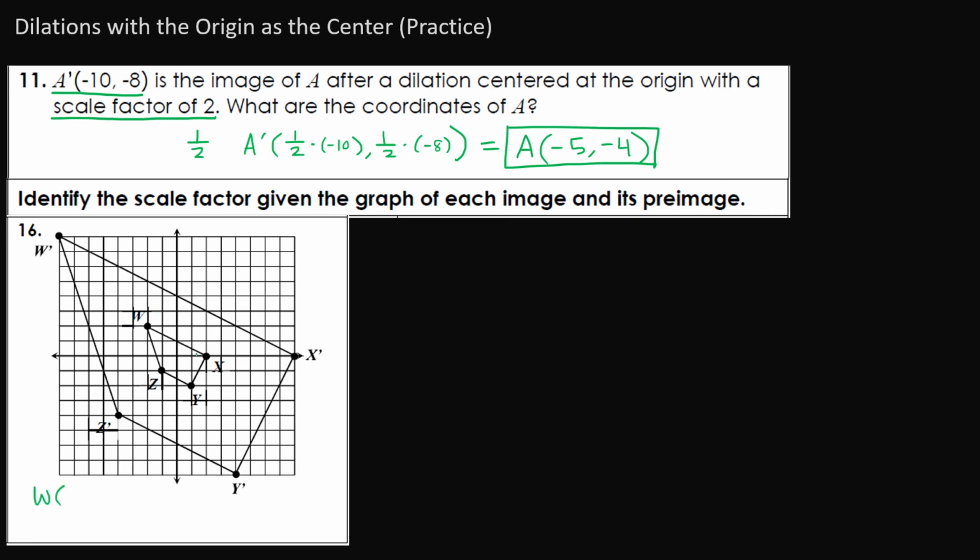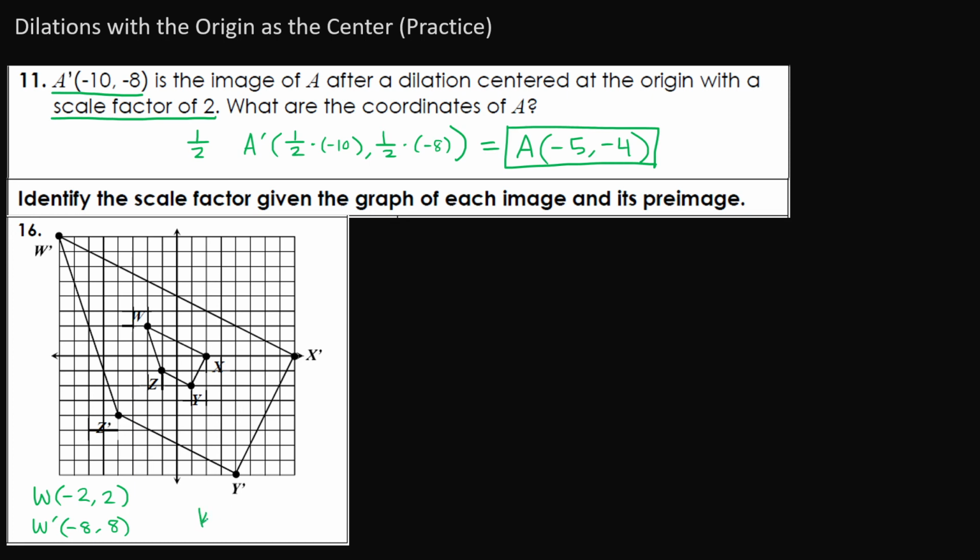So W is located at -2, +2, whereas W prime is located at -8, +8. So if we compare the points, if we see what's going to take us from W to W prime, or -2 to -8, I can see that we're going to have to multiply both values by 4 to get the image point.